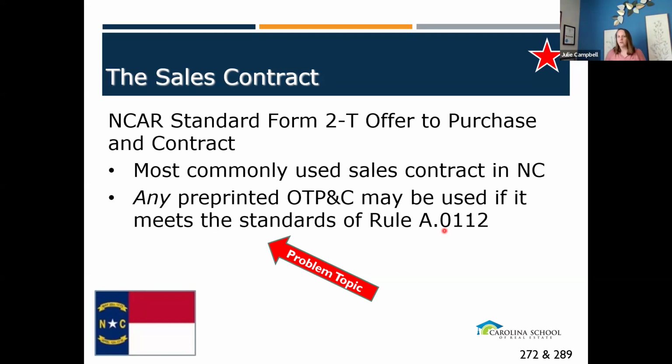And they provide us with all the pre-printed forms that we're allowed to use as brokers in dealing in real estate transactions. And probably of all the forms, guys, there's hundreds of forms. I'm not making that up. There are hundreds of forms. And of the forms, I'm going to say the most commonly used one is standard Form 2T, our offer to purchase and contract.